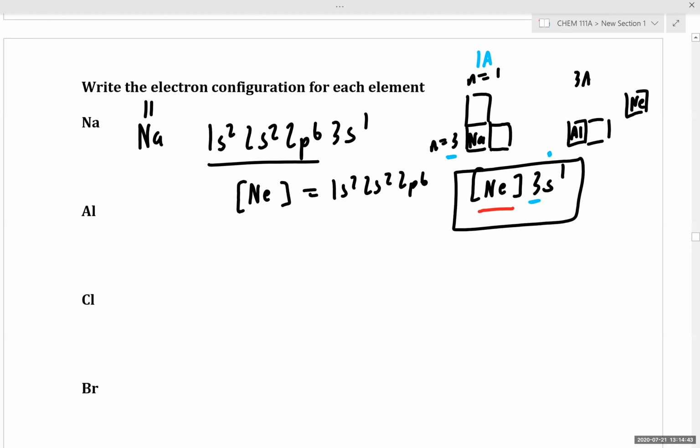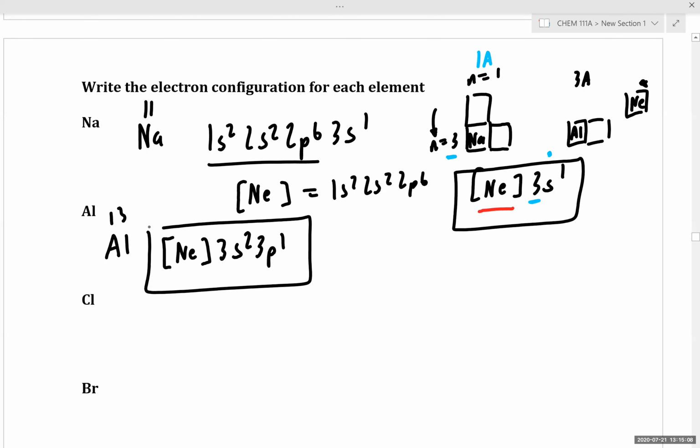So aluminum is a 3A element. Aluminum has an atomic number of 13, and its core electrons can be represented by neon. Since we have 3 valence electrons and we're in the third row, we start by filling our 3s orbital, and then finally we fill our 3p orbital.